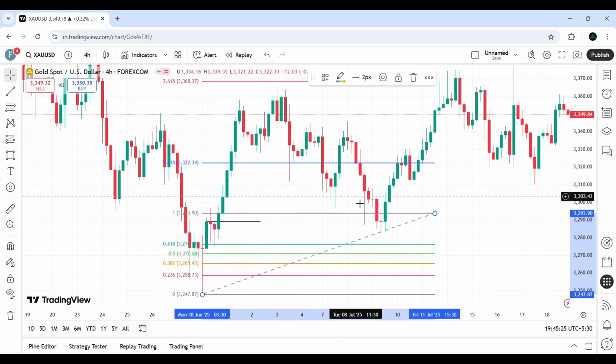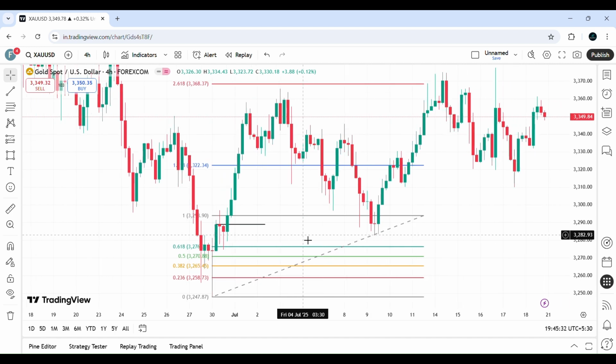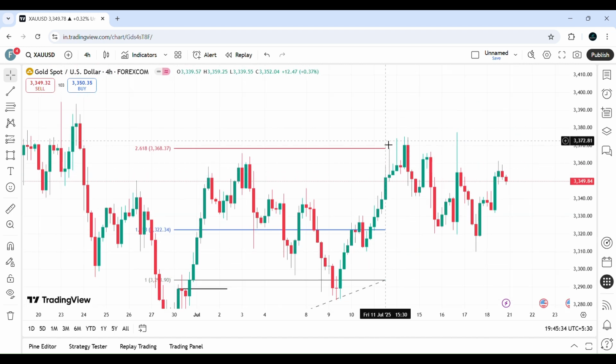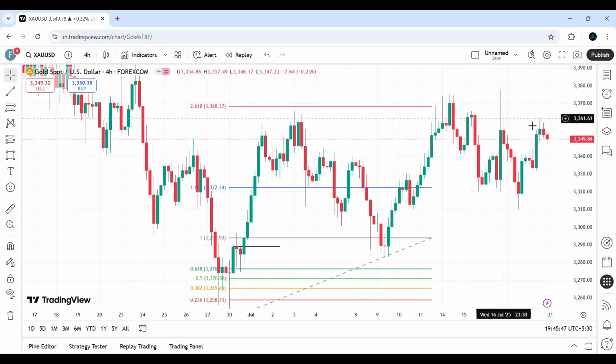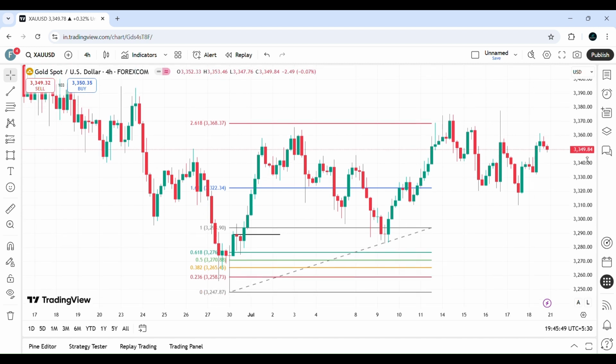You wouldn't have gotten an entry since price hasn't reached this place, but you could see the counter trade that you could have taken from here. This was a counter trade opportunity. You could have used your confirmations, but like I said, I wouldn't trade against the trend. I want to look more to the buy side.